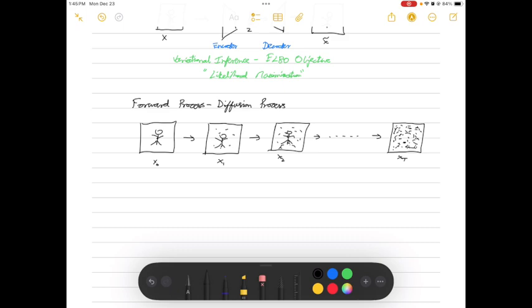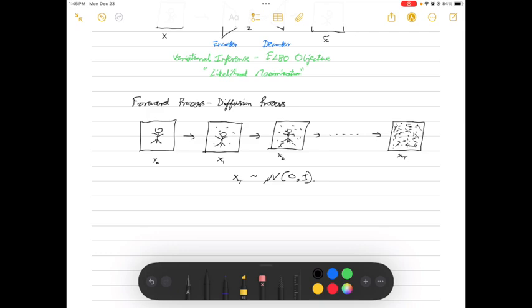And if we carry this out for t steps, essentially what we achieve is a corrupted sample xt, which is sampled from a Gaussian distribution with zero mean and unit variance. That is the normal distribution. The assumption we're making is that if we are able to destroy the structure of the data and we can generate samples from a noisy distribution, then we are solving a hard problem.